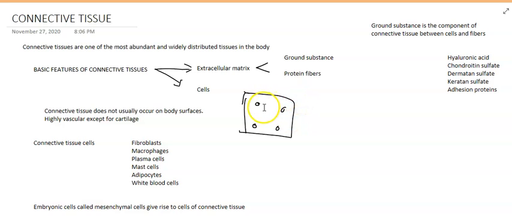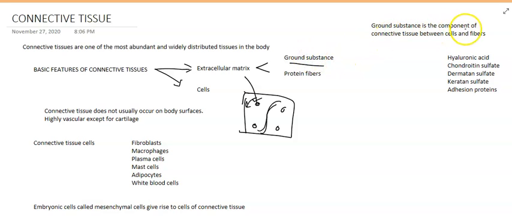This space between the cells is called the extracellular matrix. The extracellular matrix consists of ground substance and protein fibers. Now we are going to discuss the ground substance.